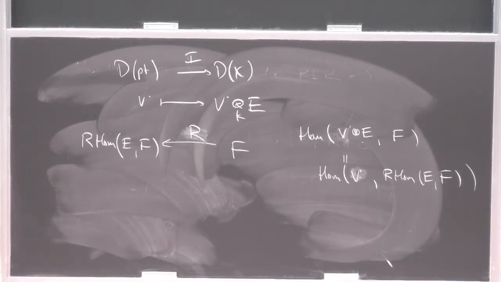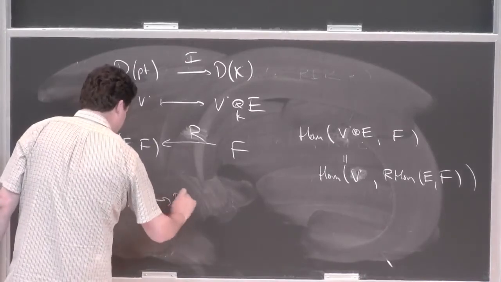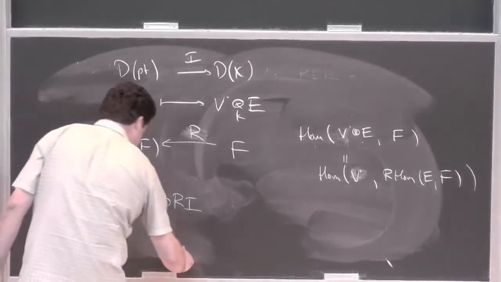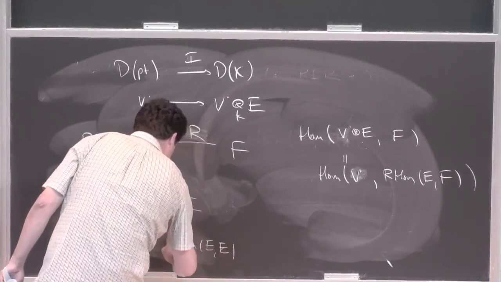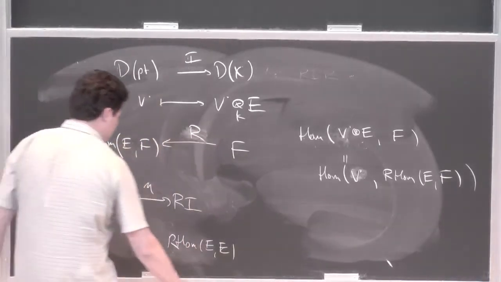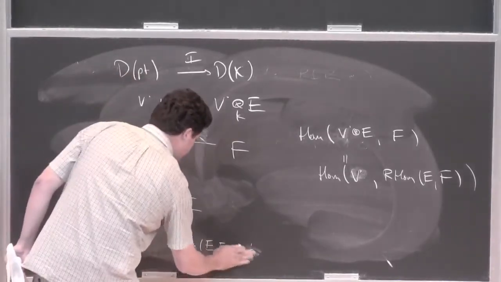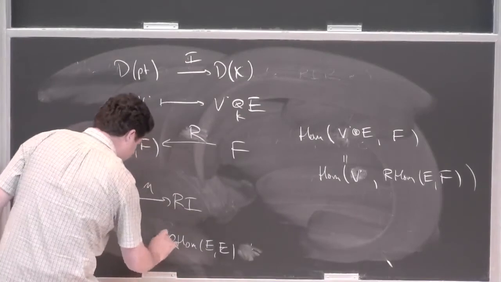And the unit of the adjunction, from 1 to the composite, is just talking about R hom from E to itself, which is tensoring with that.